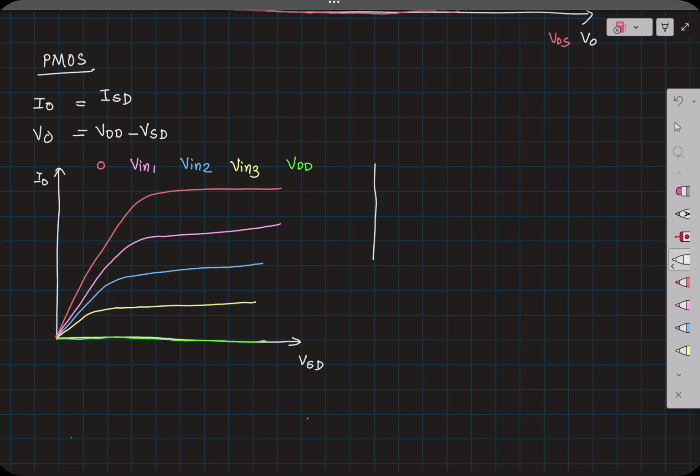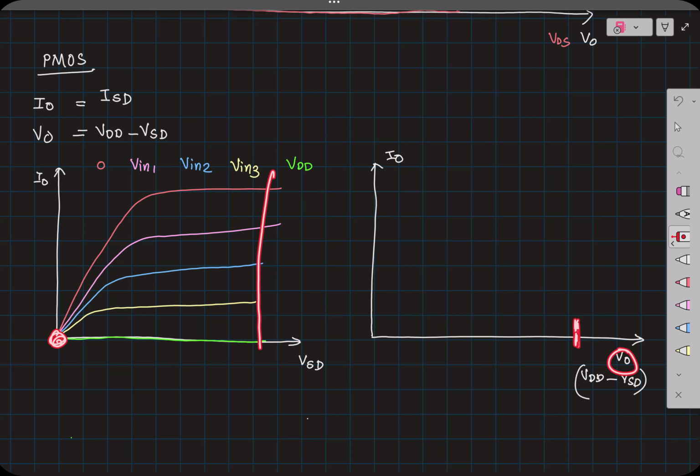Right? So this is I naught versus VSD, not V naught. Now we want to plot I naught versus V naught. How do I transform this? Where V naught is VDD minus VSD. So when your VSD is equal to 0, that corresponds to points here. They will appear in this plot towards here, right? Because when your VSD is 0, your V naught is equal to VDD.